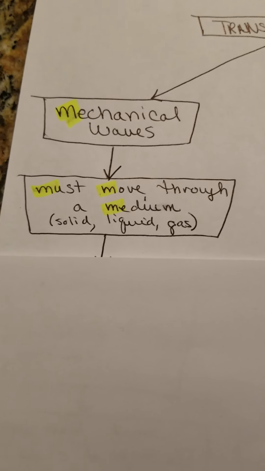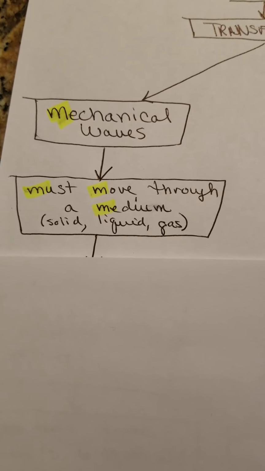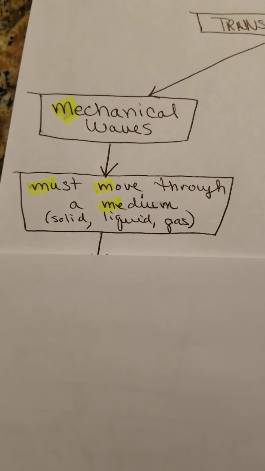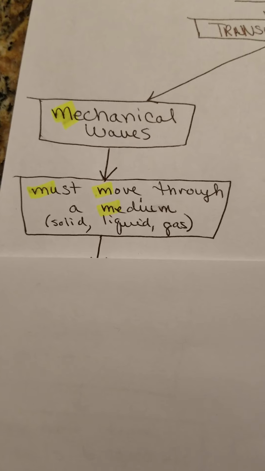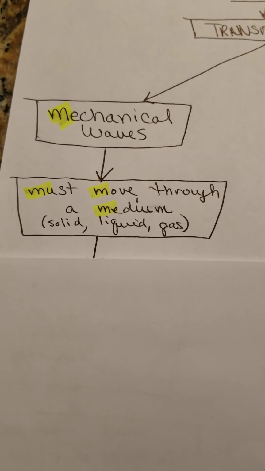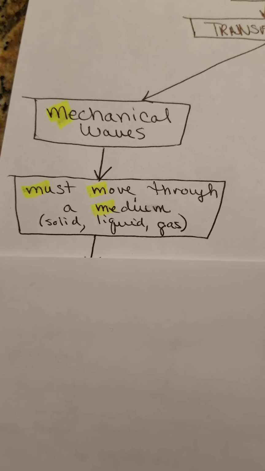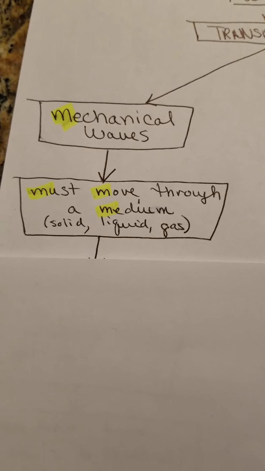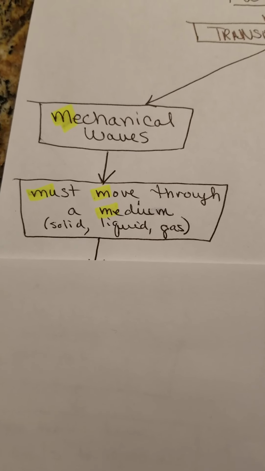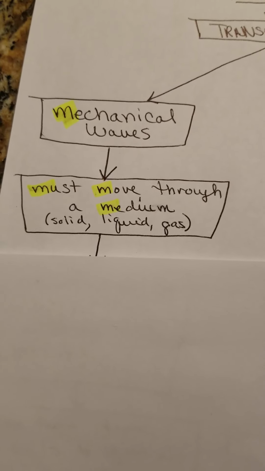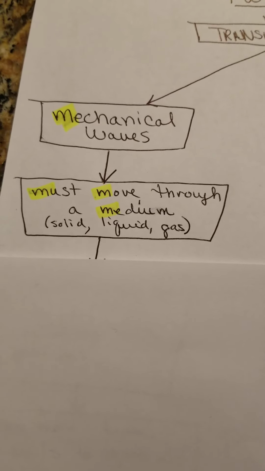And media is basically a solid, a liquid, or a gas. So mechanical waves must move through a medium. There's your M there. Mechanical move through a medium. And again, a medium is anything that can be vibrated. In this case, we're going to call that a solid, a liquid, or a gas.